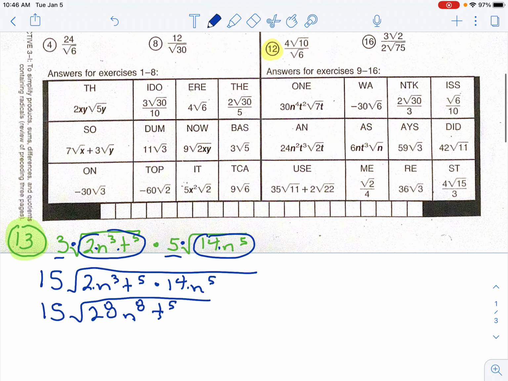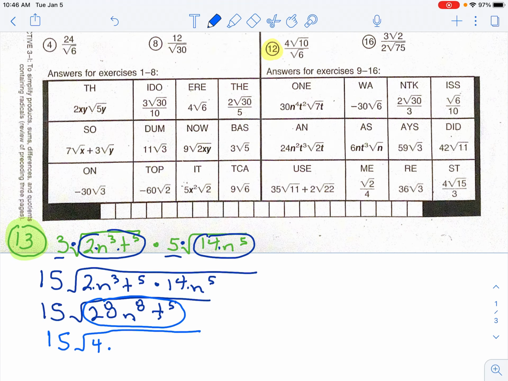So now I have it all multiplied together, and now I need to work on simplifying. When I simplify what's underneath this radical, remember, I cannot have any perfect square factors under the radical. Well, there is a perfect square that goes into 28, and that's 4. So we take what's under the radical and separate it into perfect square factors.